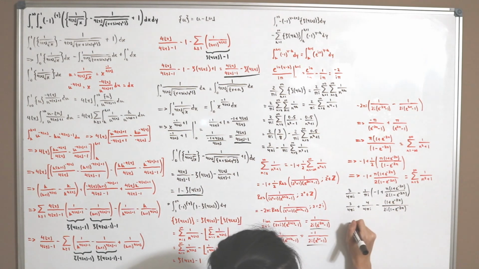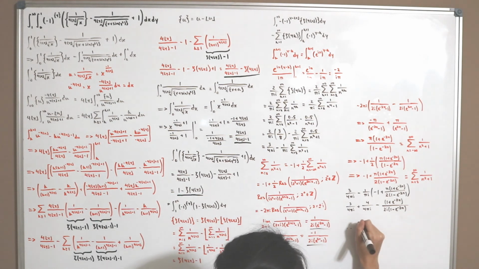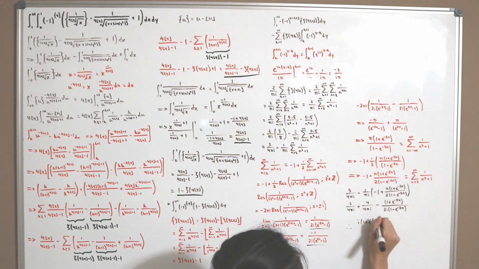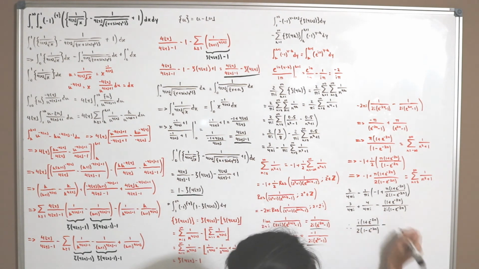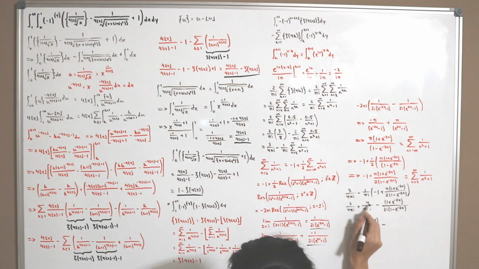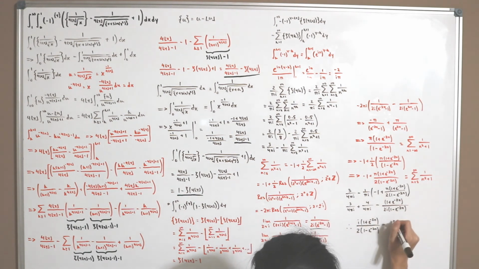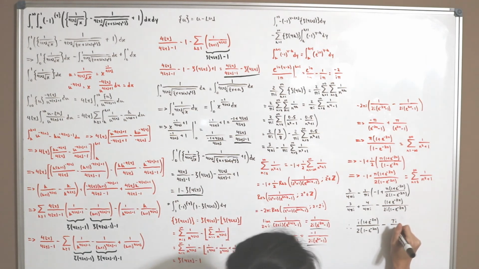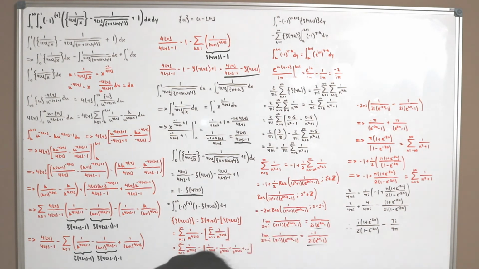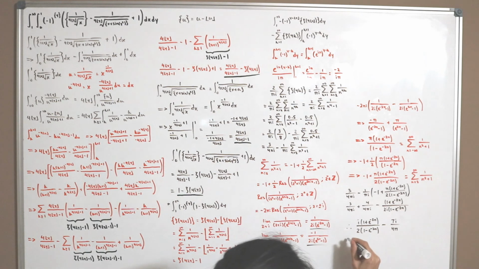Therefore the answer is equal to I, then 1 plus e to the -2 pi divided by 2 multiplied by 1 minus e to the -2 pi, and then subtract this. This is, let's see, 3 plus 4, 7 divided by 4 pi I. If I multiply I top and bottom, it's a subtraction, so we get 7i divided by 4 pi. Alright, there we have it. That's our conclusion. That is our final answer over here.